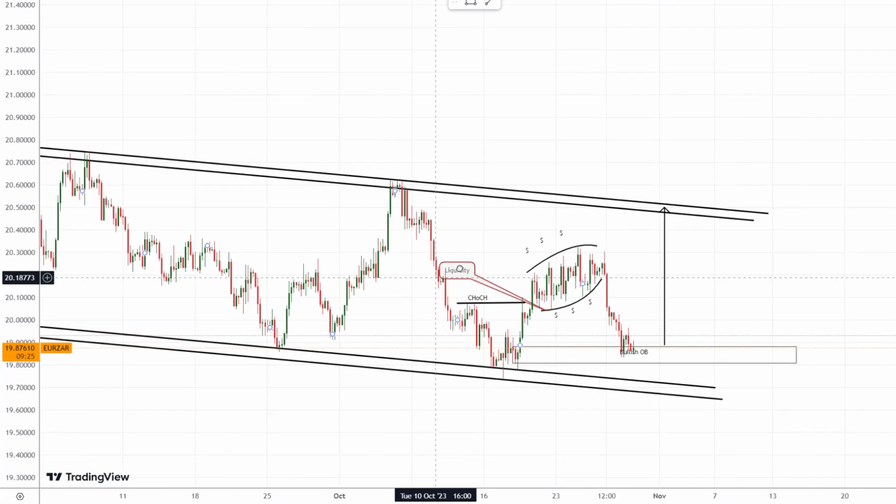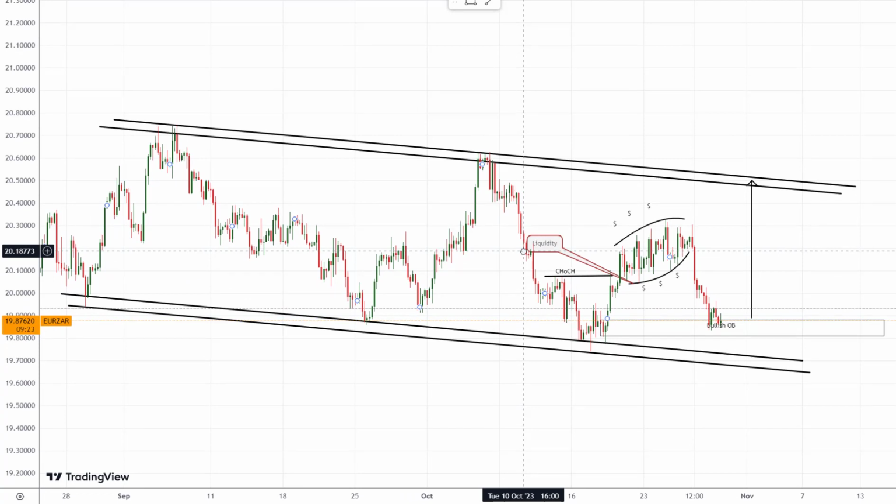Basically, a channel is whereby, in my previous video I gave a scenario of a tennis ball where you hit it to the floor hard, it bounces to the ceiling, it bounces back. So the floor acts as a support, the ceiling acts as a resistance, meaning that price cannot go past the resistance, nor can it go below the support.